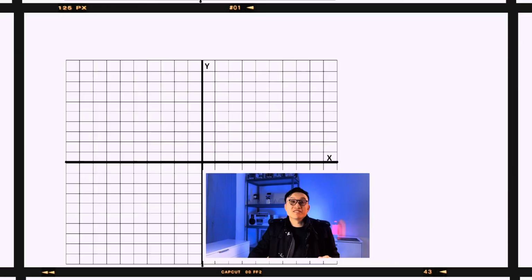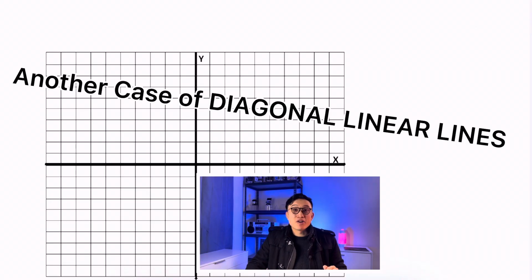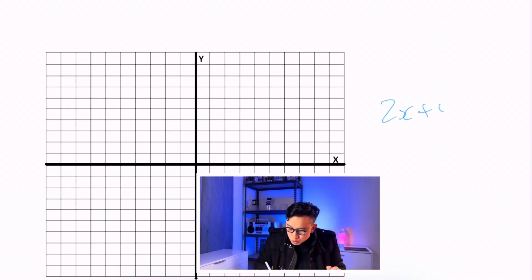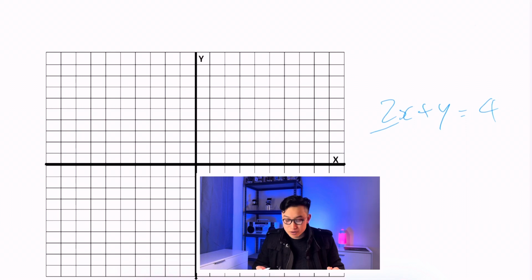So another type of diagonal linear equation, just like how I mentioned before, is when it's not written in its y equals mx plus c format. So for example, if the question is written as 2x plus y equals 4, you can see that there's a coefficient in front of the x variable, so it's definitely going to be diagonal.